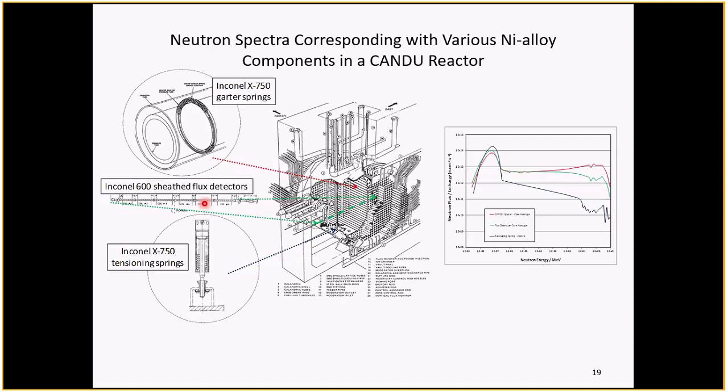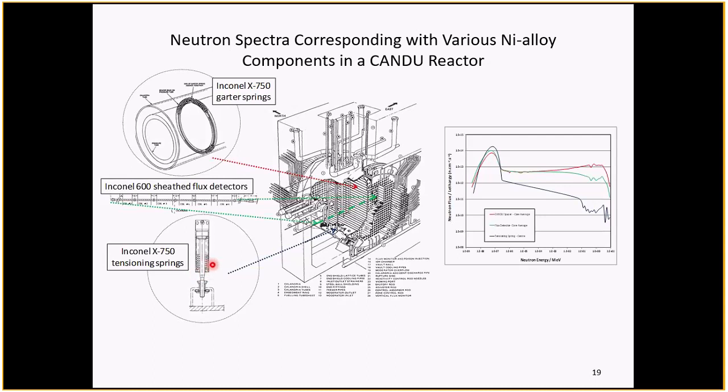Fuel bundles can be taken out after they fail, or after 4, 5 or 6 years when they will fail. These things can't. They're in there forever. So there has been more concern over the last few years on the degradation of these materials. Now these tensioning springs operate in the moderator outside of the reactor core, and the temperature here is low, 60 to 80 degrees centigrade.